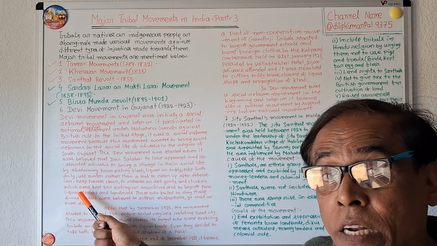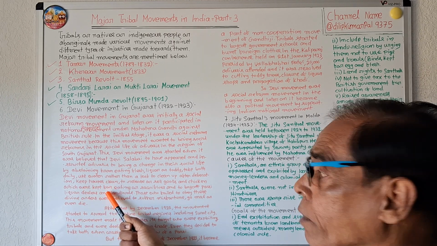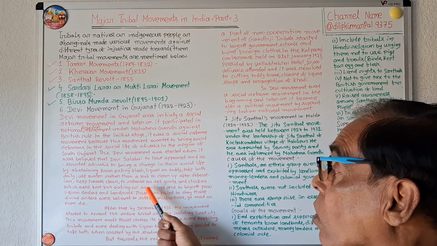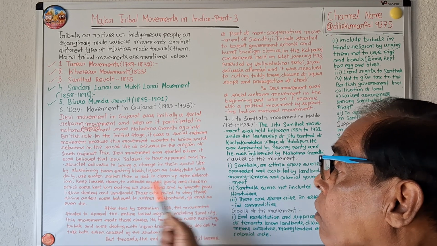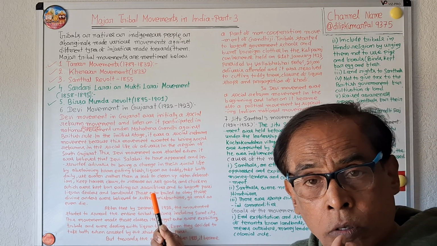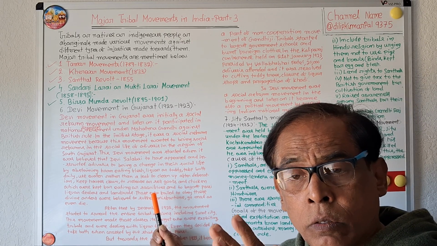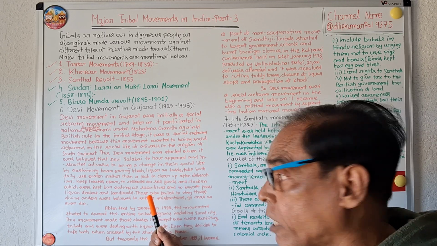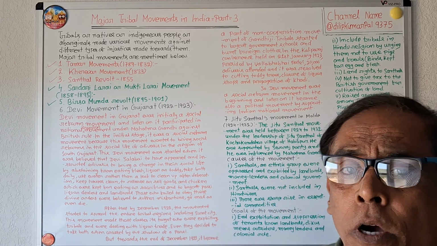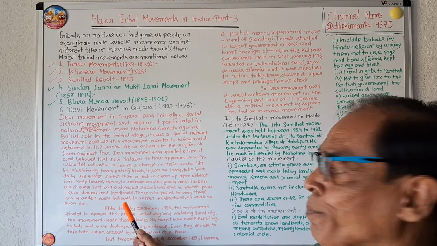Defecation means after leaving stool. Keep houses clean, to release or sell goats or chicken which are kept for eating and sacrifices, and to boycott Parsi liquor dealers and landlords.